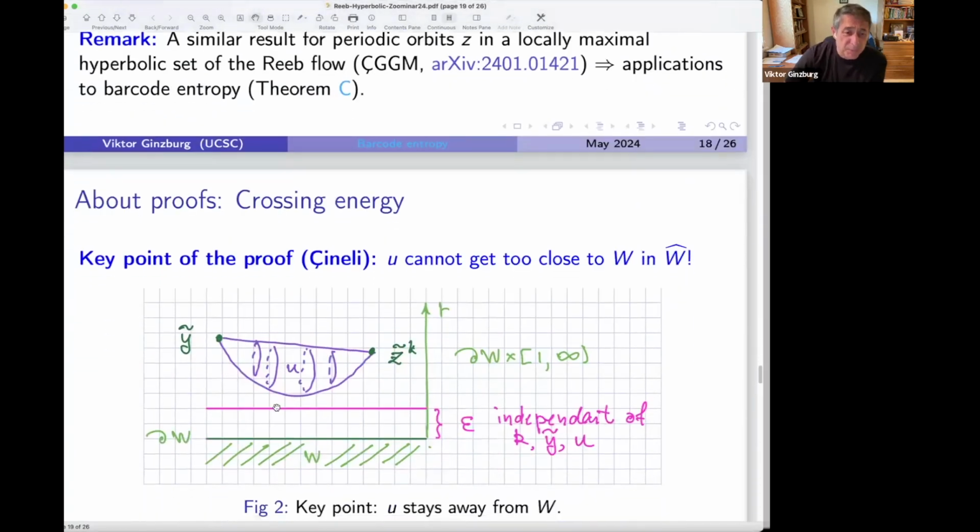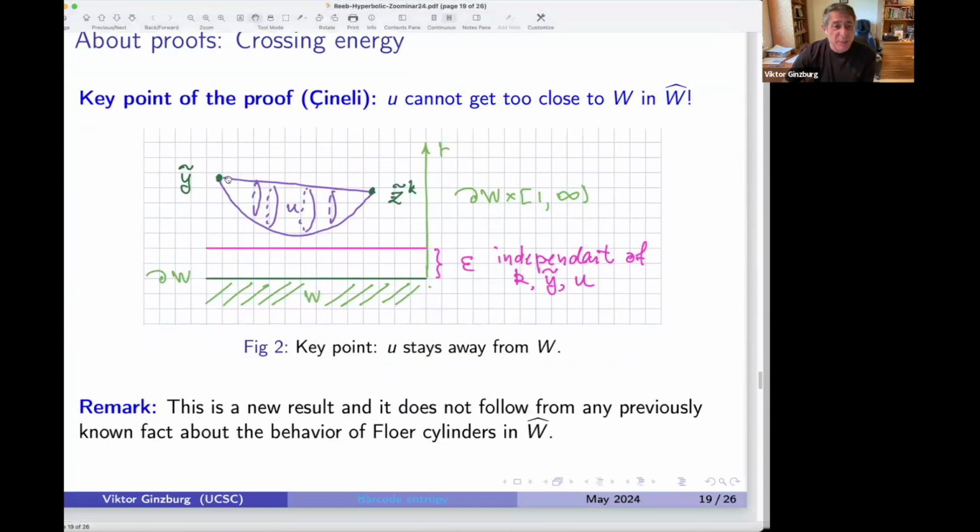And the difficulty that comes up here is that when I look at this Floer trajectory, it can get closer and closer to the Liouville domain. If it enters the Liouville domain, and it could, then the standard monotonicity result will tell you that it has energy bounded from below. But hypothetically, it could touch the Liouville domain or get very close to the Liouville domain, and the Hamiltonian flow is very sluggish in this area.